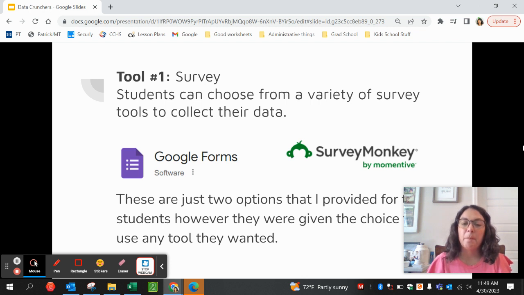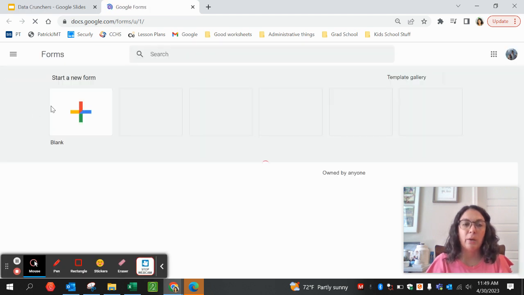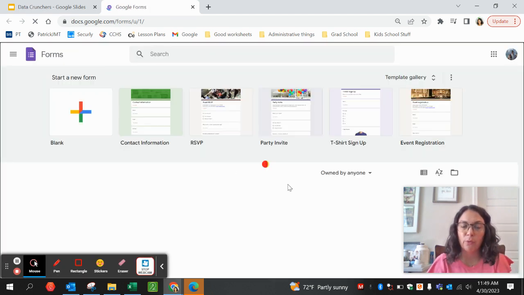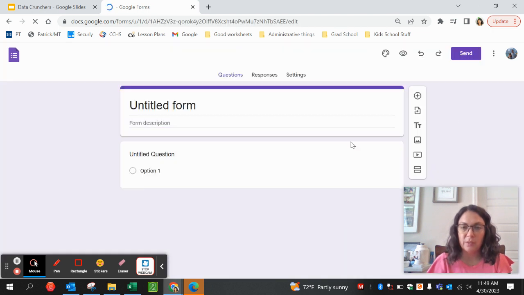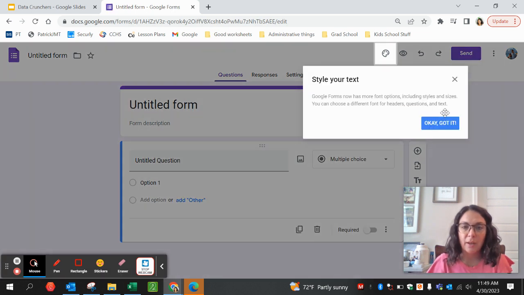But I showed them how to use Google Forms appropriately, how, when they created their new form, to create their two questions that were the appropriate type of question.